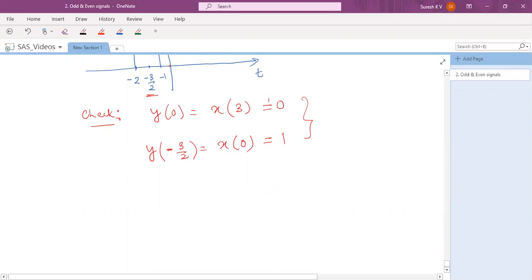Now just to verify that the other order doesn't work, what I suggest you to do is perform time scaling, then time shifting.